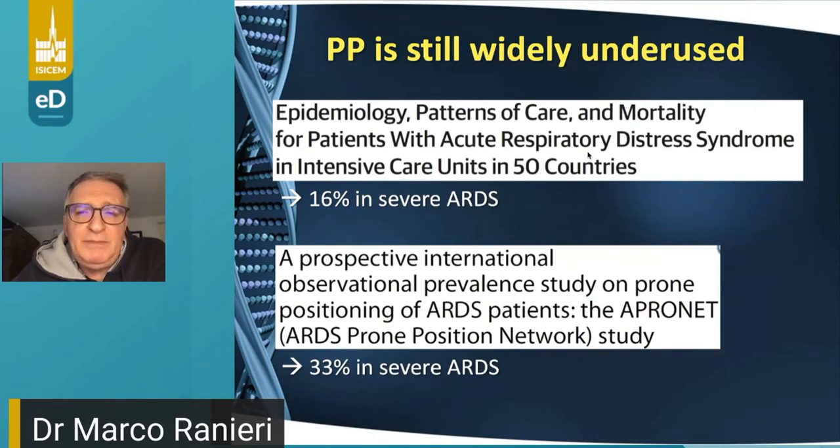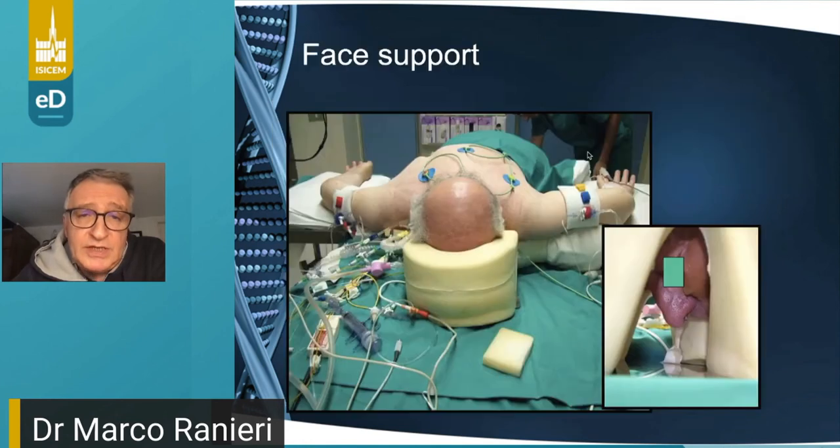Now, is that because there is in general a barrier to apply evidence-based medicine interventions? I don't think so. Prone positioning remains an intervention that should be considered complex, time-consuming, personnel-consuming, and with important side effects.